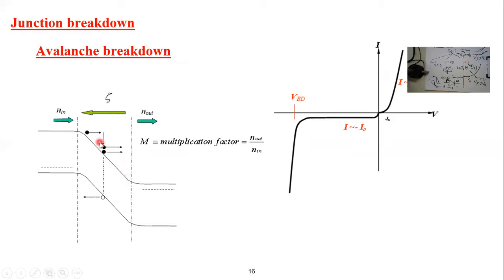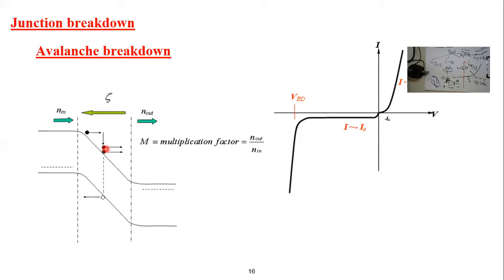So electrons are moving at a very high speed. In this case, electrons can break another bond, and as you can see, this is one electron. When it hits an atom, it breaks a bond and creates another electron, so it becomes two electrons, and then these two become four and so on, and then the current increases rapidly.